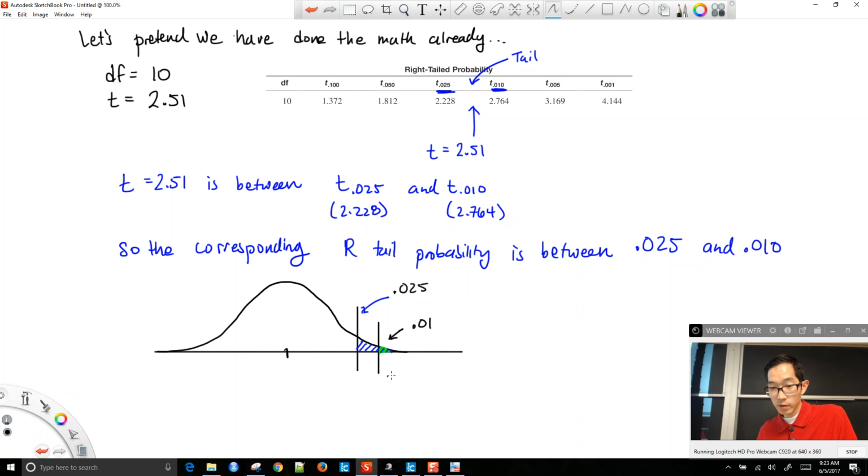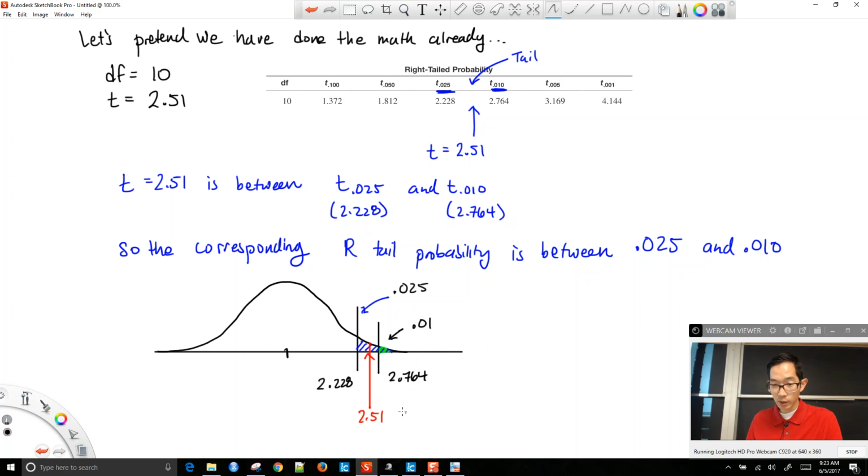The value that gives me 1% is 2.764, and the value that gives me 2.5% is 2.228. Now I draw a value right here at 2.51, and I want to know how much is to the right of 2.51? I can't give you an exact value, but I do know it's between 0.01 and 0.025.